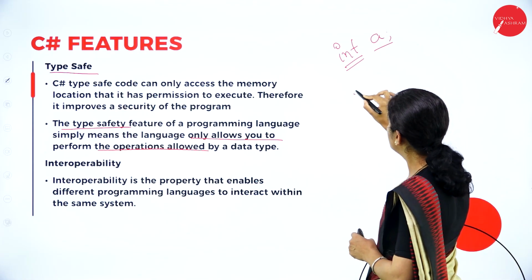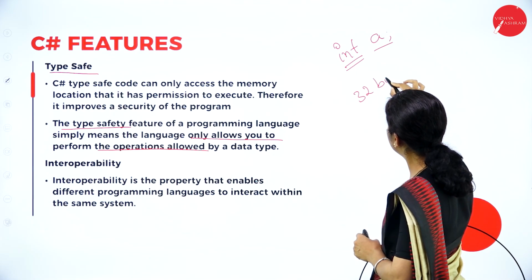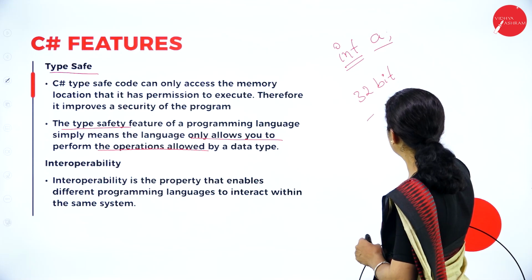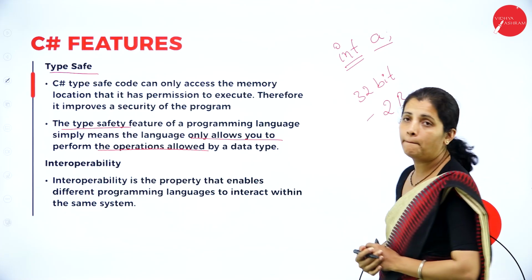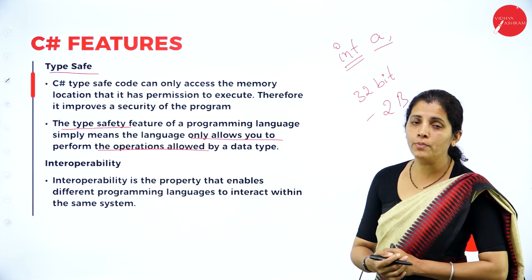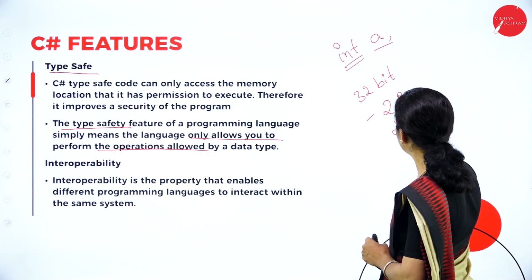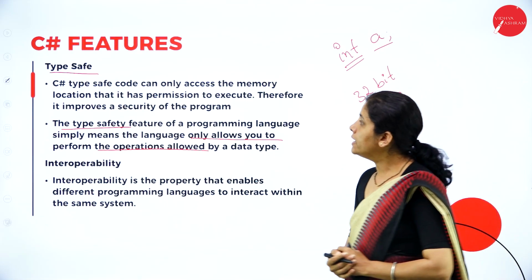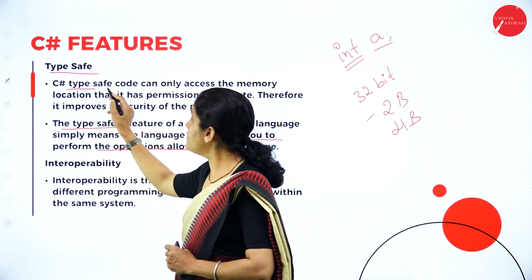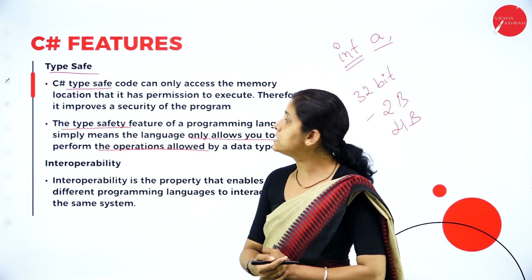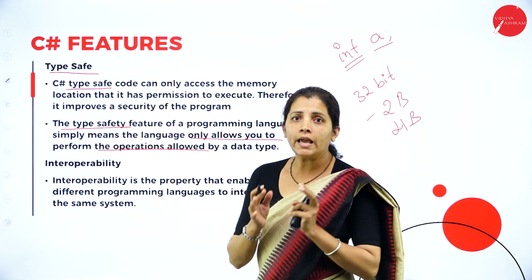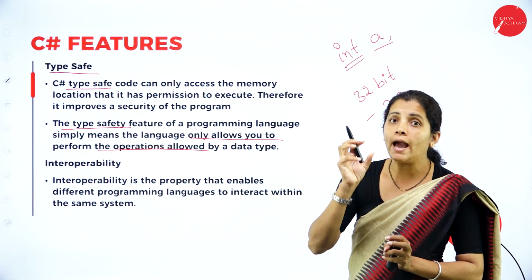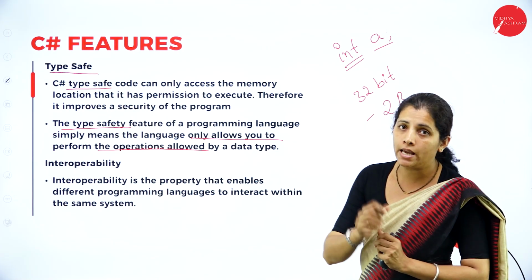If I use a 32-bit operating system, what is the size of the integer? That is 2 bytes. If I use a 64-bit operating system, what is the size of the integer? It is 4 bytes. Now, in C#, type safe code. So what is type safe? You can access only the memory allocated for that variable.